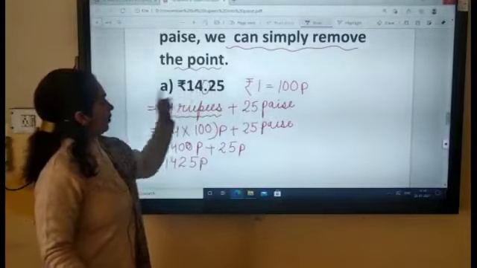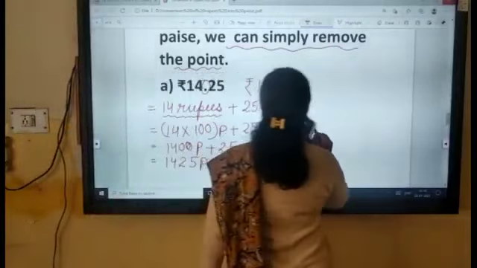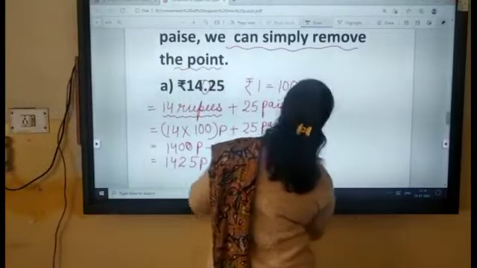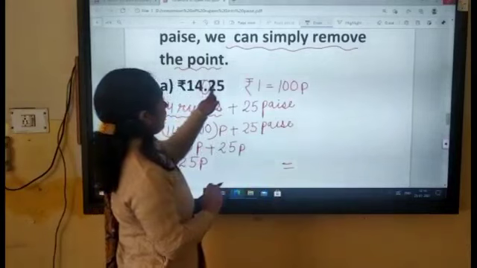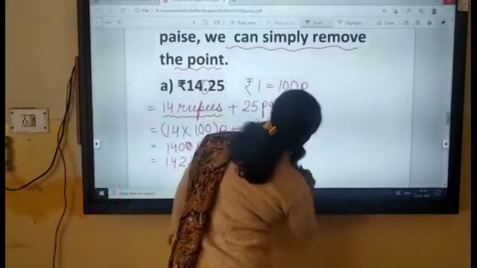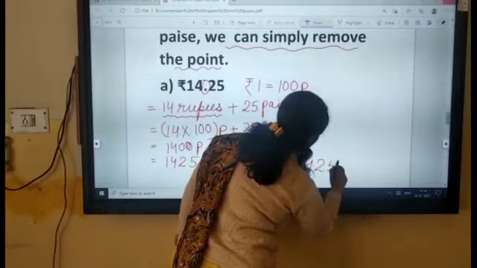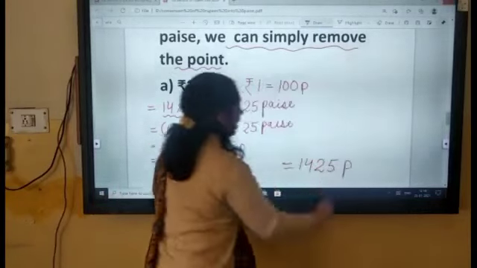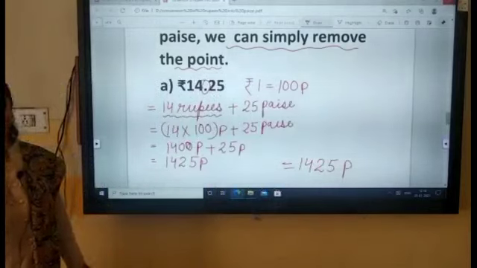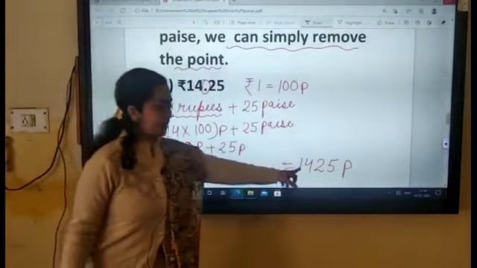So if we will remove this point, we will get 1425, and this is our paise. So both the answers are same.